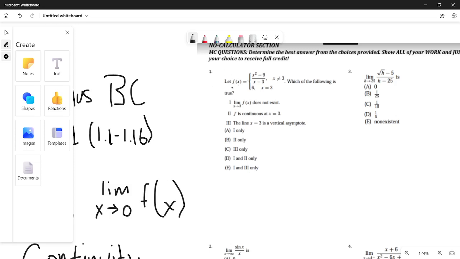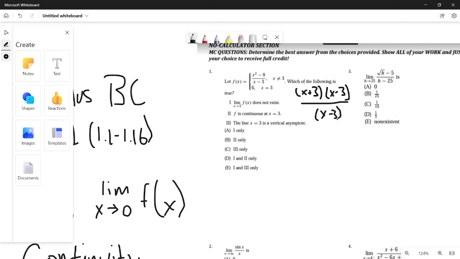So here we have a piecewise function. The function is this when x is not equal to 3, and 6 when x equals 3. When you get something like this, you should probably start by factoring. So in here we know it's going to be x plus 3, x minus 3 over x minus 3.